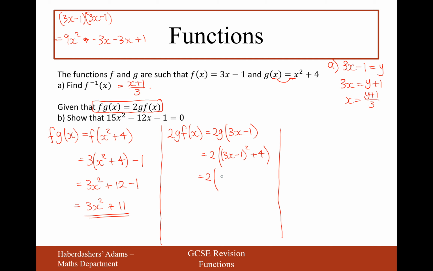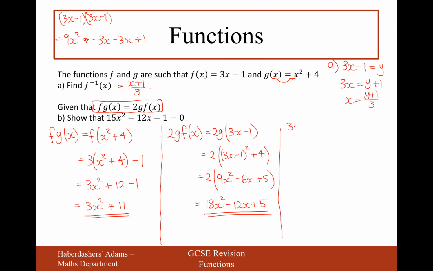So the answer here is going to be 9x squared, and then it would be minus 6x, and then it would be add 1, but we've already got an add 4, so it will now be add 5 in total. So in this case, it's now going to become 18x squared. We're now bringing the 2 into the equation here, multiplying it out of the bracket, 18x squared minus 12x plus 5. Okay, so that's equal to the right-hand side of the equation.